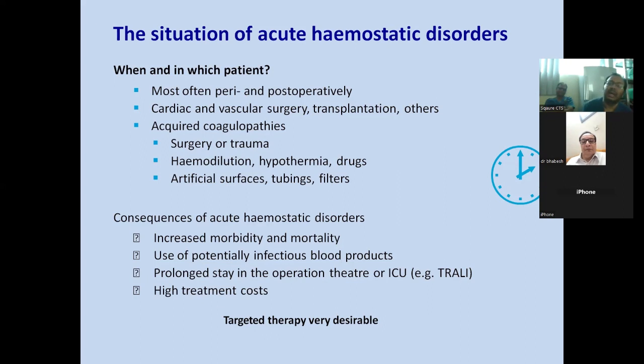They increase morbidity and mortality and the use of potentially infectious blood products, and can also lead to volume overload, prolonged stay in the hospital and ICU, and high treatment cost. So a targeted therapy is very desirable.